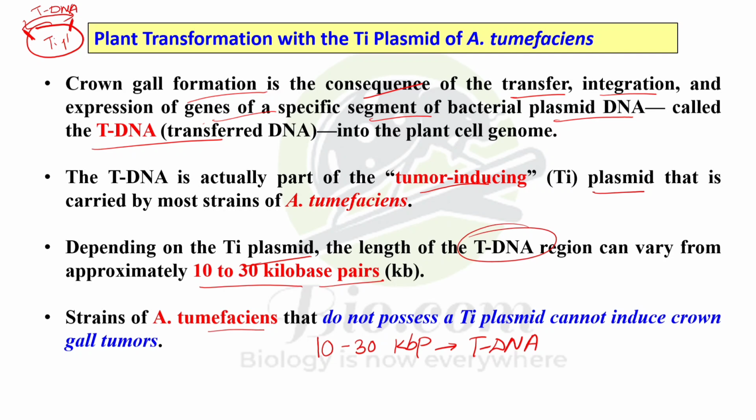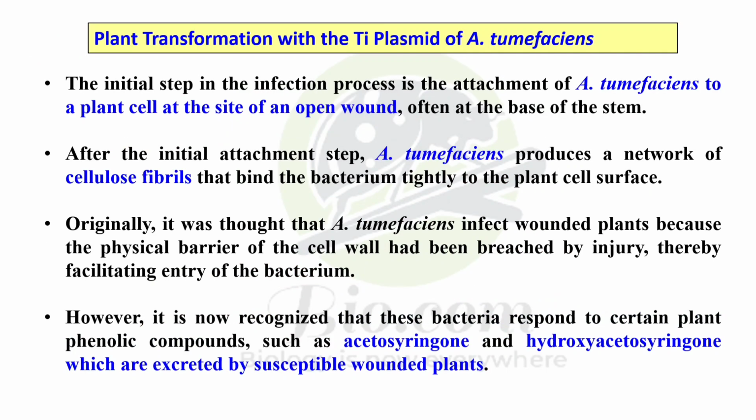So for phytopathogenicity, the TI plasmid is the essential element required in A. tumefaciens. यहाँ से भी बहुत सारे पॉइंट्स हमें मिले, tDNA का साइज मिला, यानी किसी भी स्ट्रेन में अगर TI plasmid नहीं है so it will not cause crown gall tumor, because the genes responsible for cell proliferation, the oncogenes, are within this tDNA region. So let's see. सबसे पहले देखते हैं initial step क्या होता है.